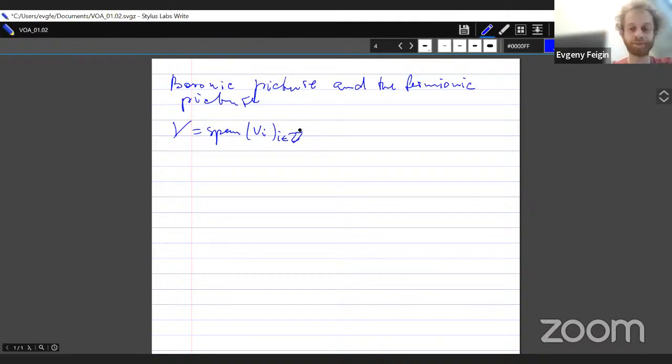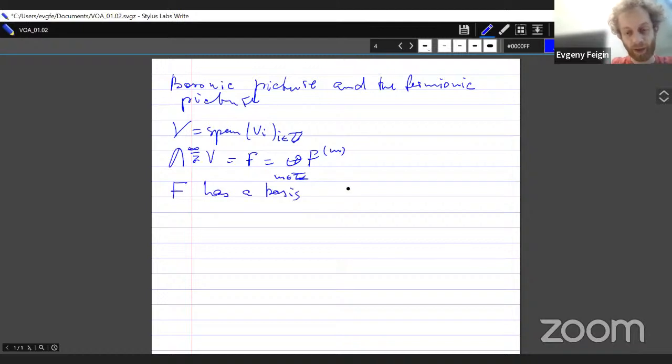Then we considered the semi-infinite wedge space, which is denoted by F. This is the direct sum of the F_m. Each F_m has a basis of the form v_{i_0} wedge v_{i_1} and so on.